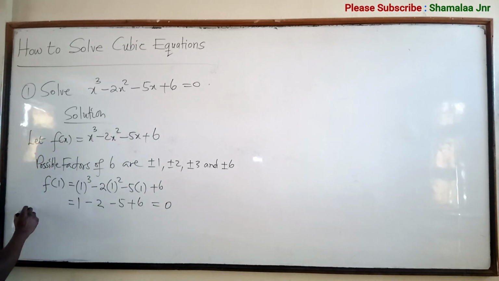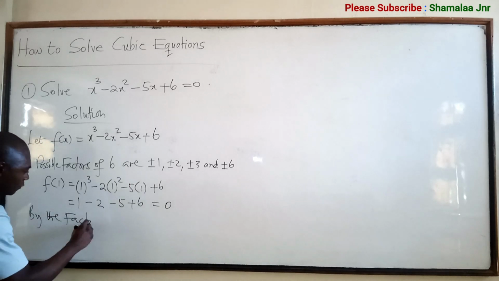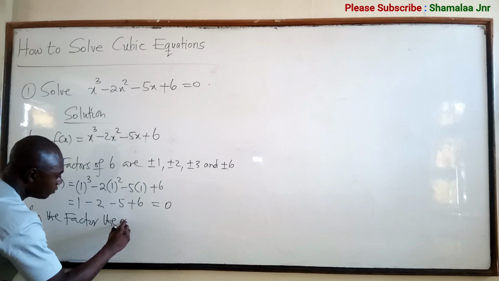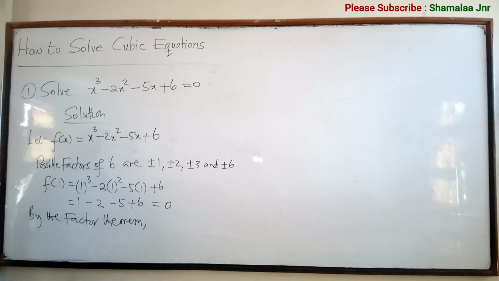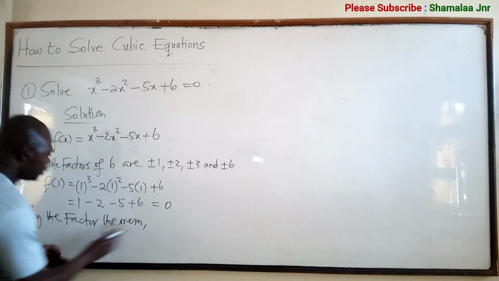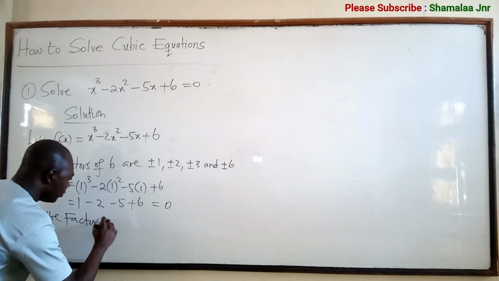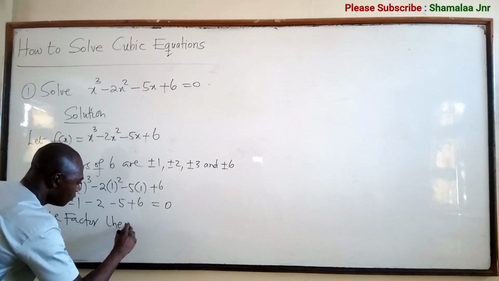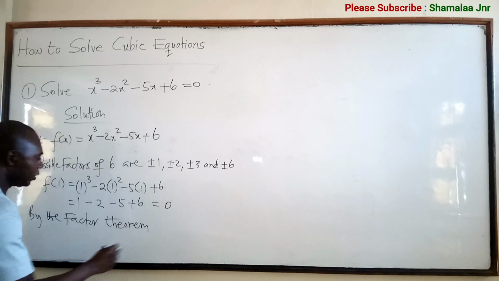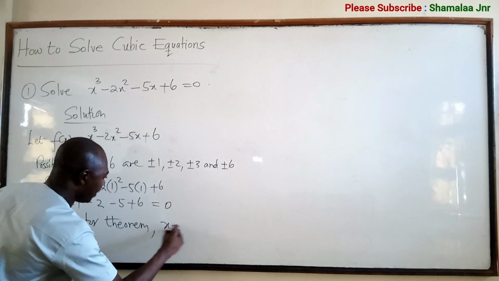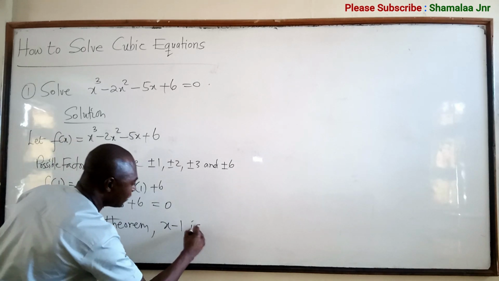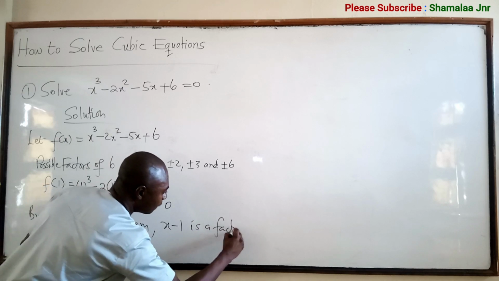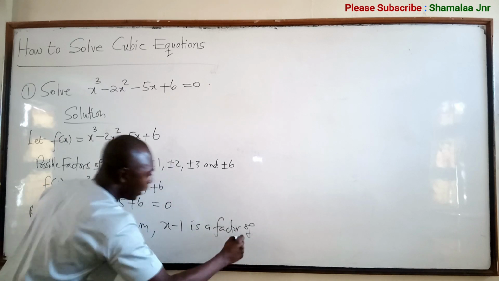Okay. So you are putting 1 and you are getting 0. So you can say that by the factor theorem, x minus 1 is a factor of f of x.